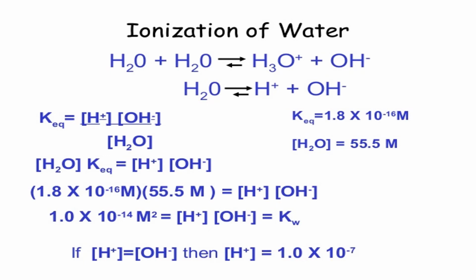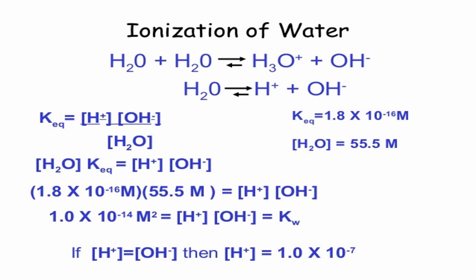So K equilibrium is equal to the molar concentration of hydrogen ion and hydroxyl ion divided by the molar concentration of water. If we move water to the left side, then K equilibrium times water is equal to hydrogen ion times hydroxyl ion.